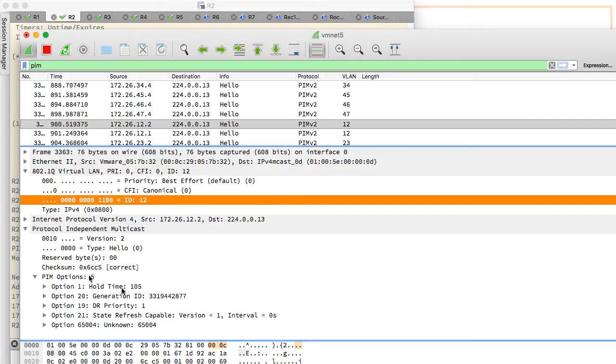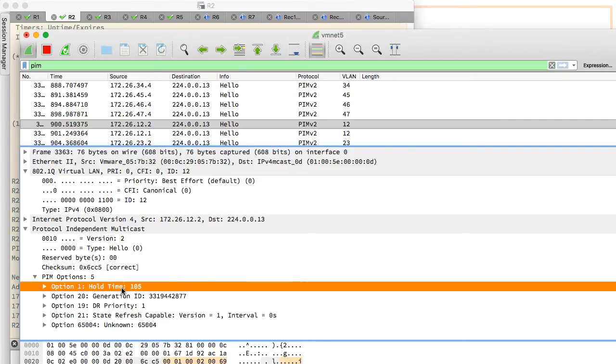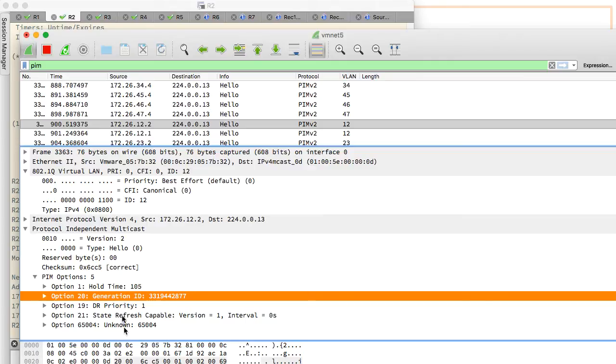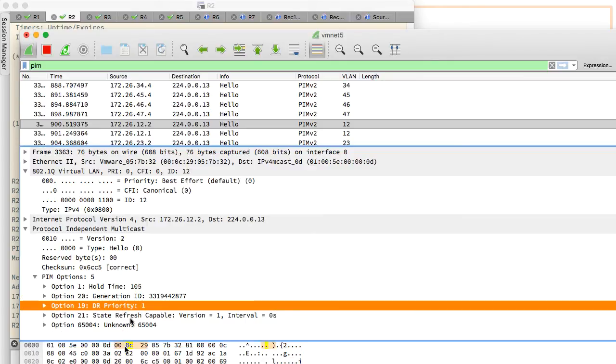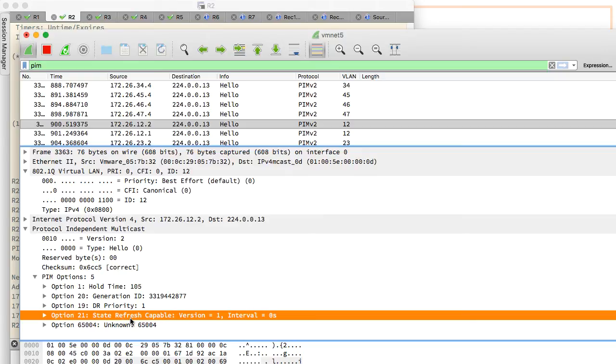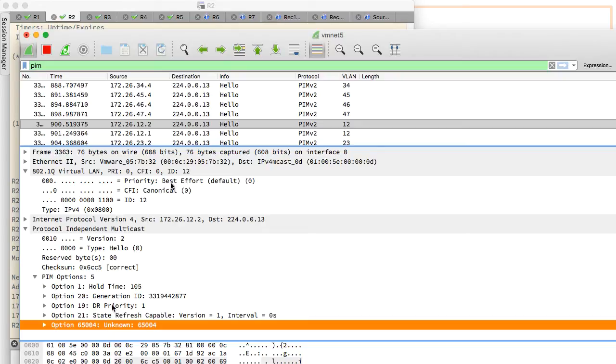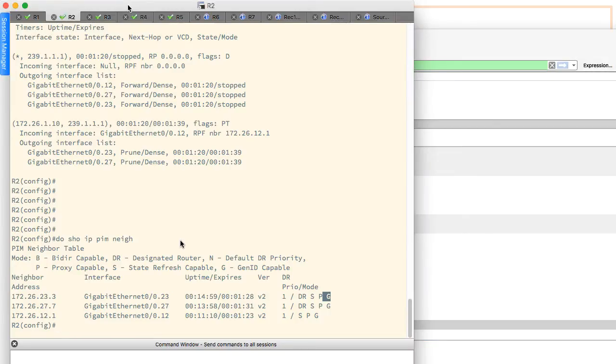And if you look at the PIM options, there are 5 PIM options. There's the hold time that is carried basically to see how long R1 is going to wait for R2. The generation ID, which should change across restarts. The DR priority. And the state refresh capable information option, so that they tell each other that yes, we can perform state refresh, which we'll see a demo of later. This last option, I'm pretty sure is that proxy option. I'm not exactly sure what it does. I've never used it, so maybe we'll do some research and I'll do another lesson on it. But right now, the other 3 are more important.